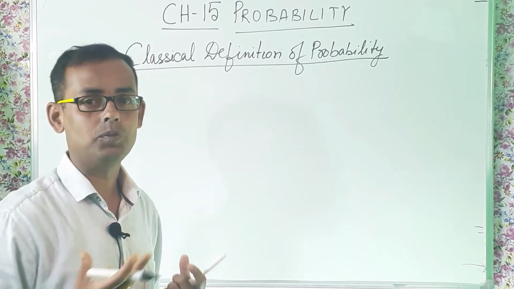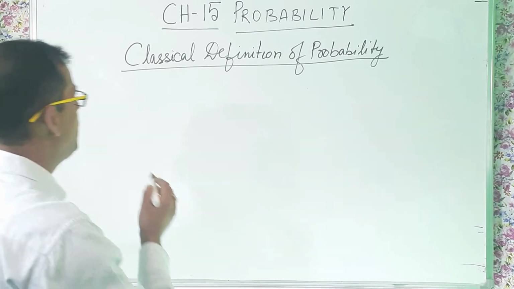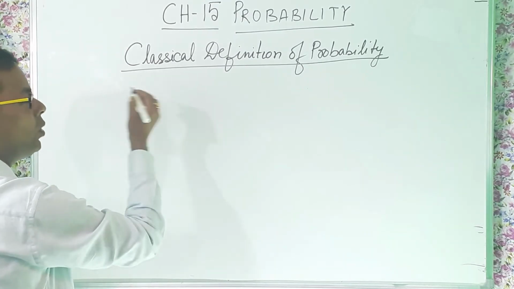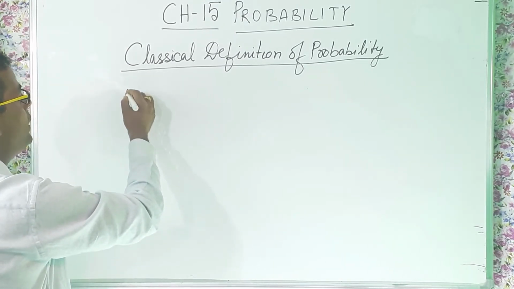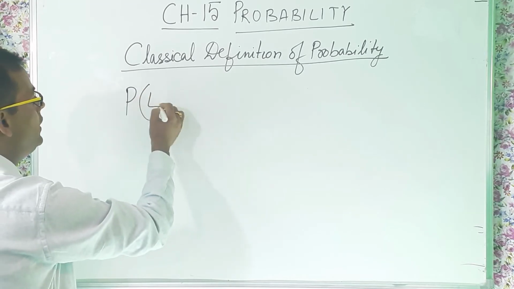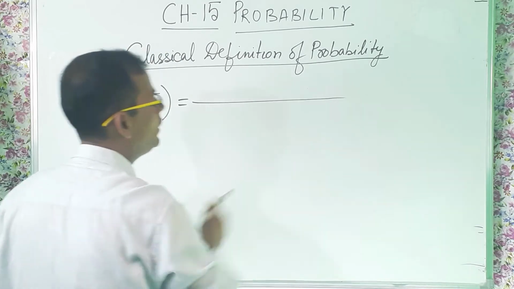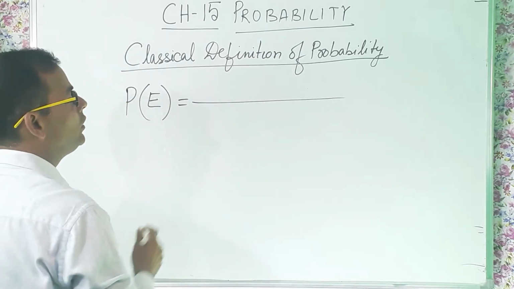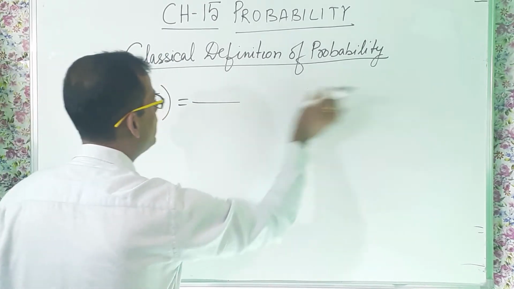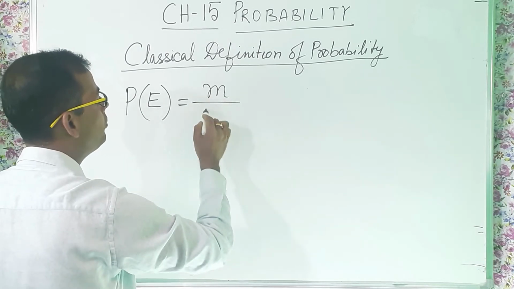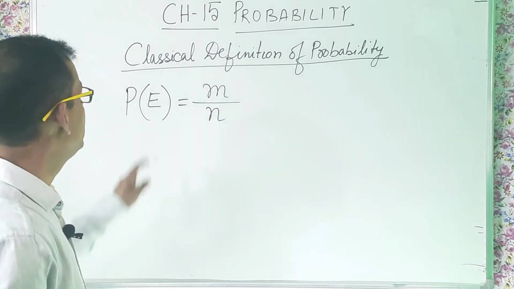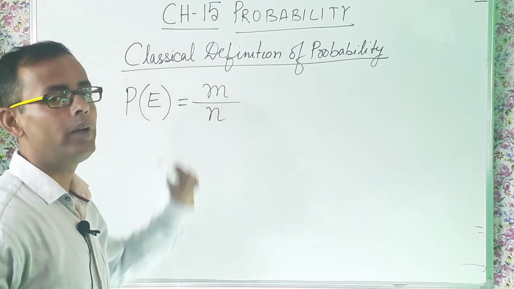So what is the formula? Yes or no? We will write the formula in this way: P(E) equal to m by n, small m by n. This is the formula, P(E) is equal to m/n.